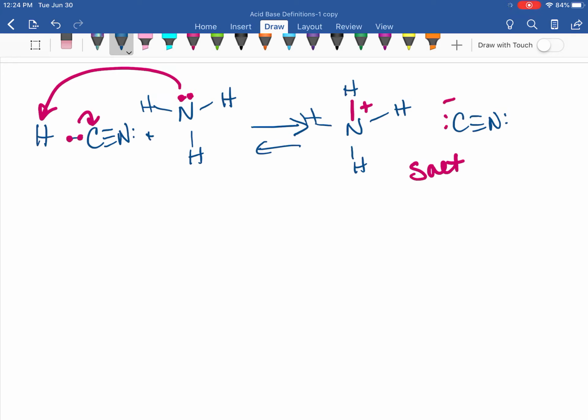So let's try it again. Let's try a sample. I'm just going to make up something. And I'm going to make up, how about this? All right, I'm going to guess that these are two reagents you've never seen before, let alone mixed them before.